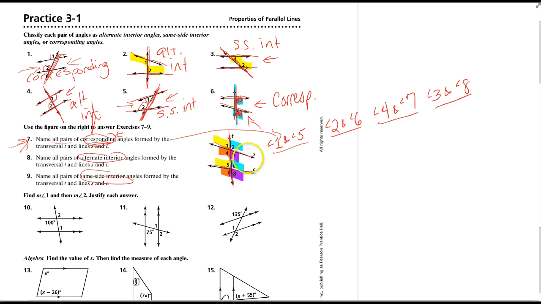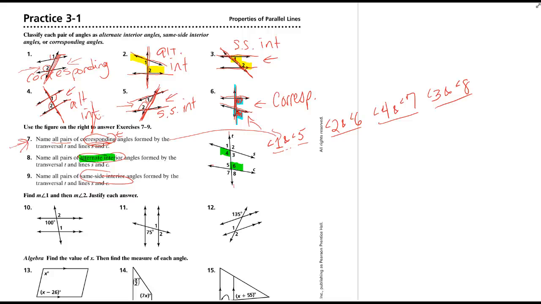And now on to the alternate interiors. Alternate interior, we're only going to have 2 pairs of alternate interior. They have to be on alternate sides of the transversal and inside the coplanar lines. Next chapter, we're going to have lots more parallel lines, but right now they're just coplanar.